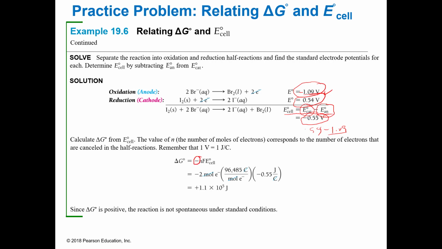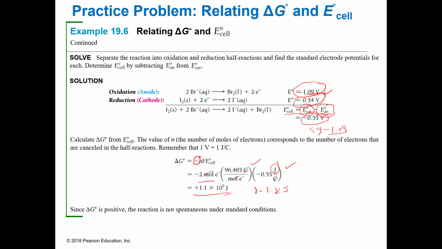All right, and so negative 2 moles of electrons times Faraday's constant times the cell potential, which is a volt, is joules per coulomb, and so that's why you want to do this so that the coulombs will cancel out, the moles will cancel out, and you'll be left with joules, which is the energy unit for, well, kilojoules is the best energy unit for delta G. In fact, if I wrote this, it would probably be at the end 1.1 kilojoules, but they have 1.1 times 10 to the third joules is their answer, and that's fine.